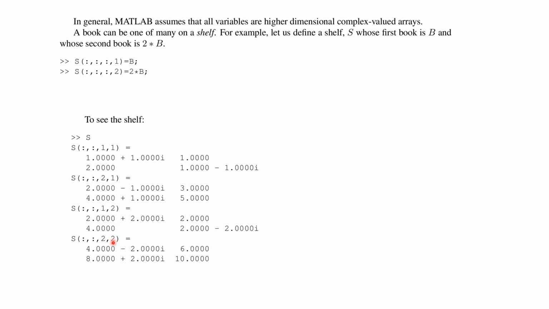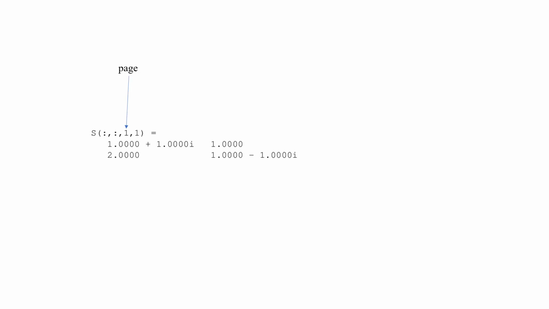There's the second position on the shelf, first page, second page. So just to go over that, that specifies the page, that's the book, and that's the shelf. So that's the book on position 1 of the shelf. This is the first page of that book.